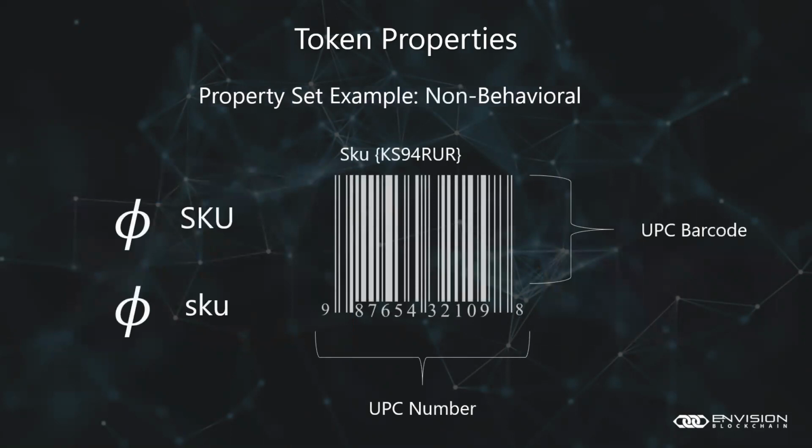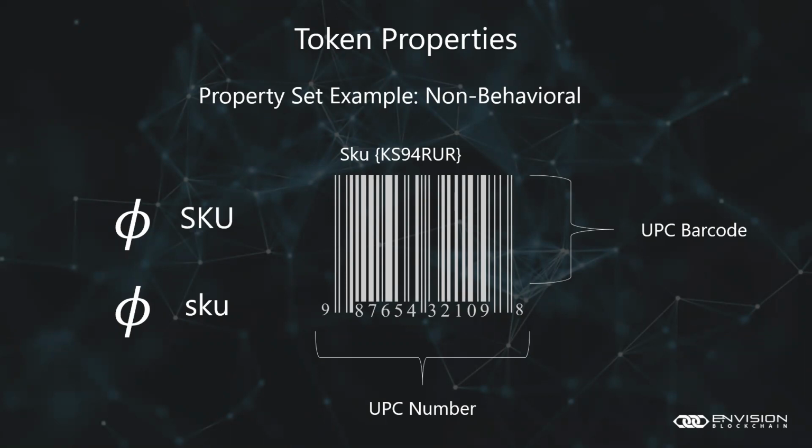A non-behavioral role would be something like a SKU. And this is very interesting. So we have these barcodes. GS1 global standards put out a way for us to really begin understanding how to scale and begin leveraging various different barcodes, so that as businesses receive different inventory, we don't need all these different types of scanners with different types of programming to understand the various different barcode methodologies that could theoretically exist.